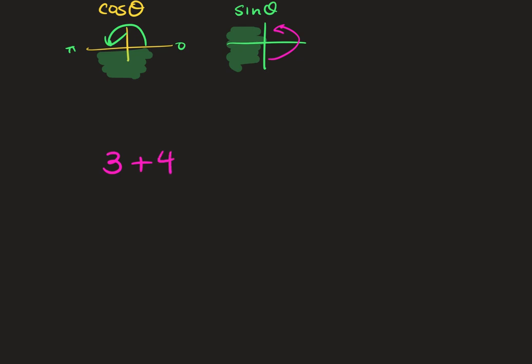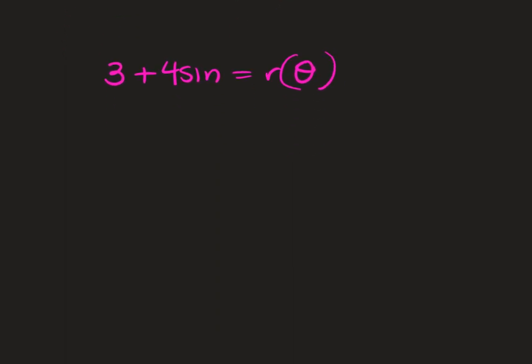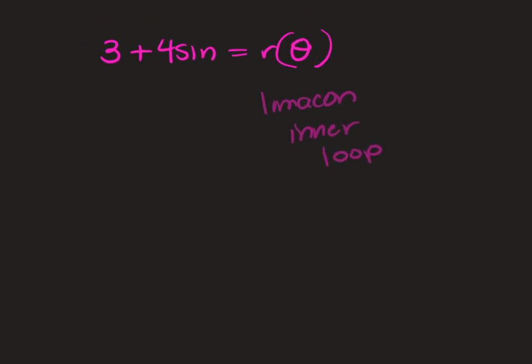Give me cosine or sine. What kind of graph is this? A limaçon? Specifically? An inner loop. Why would you do that to yourself? You made an inner loop. Okay. With what kind of symmetry?